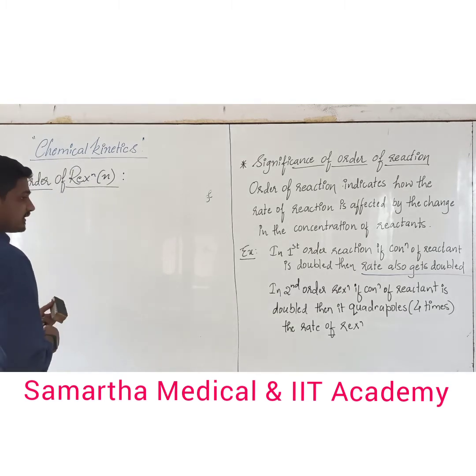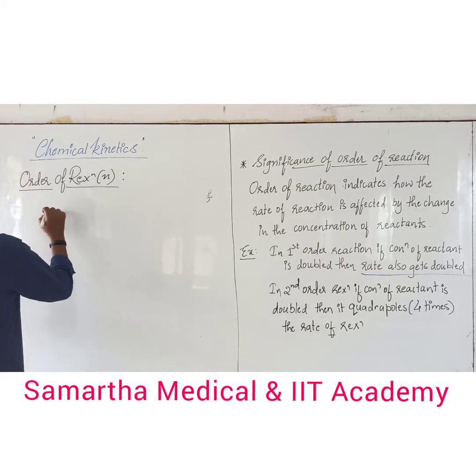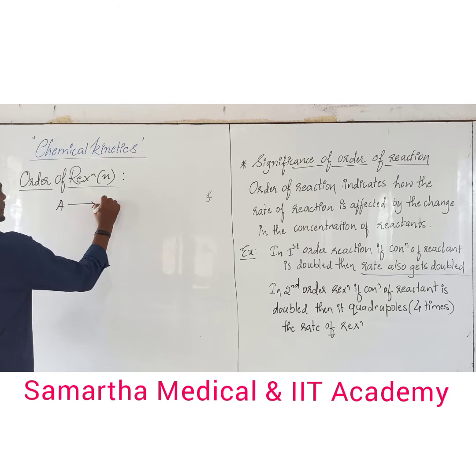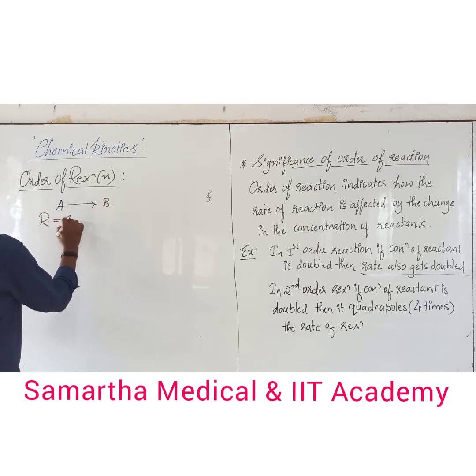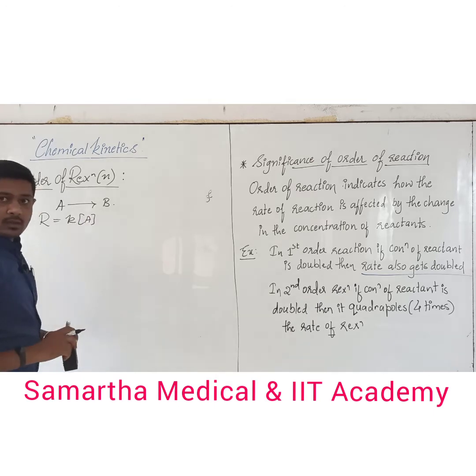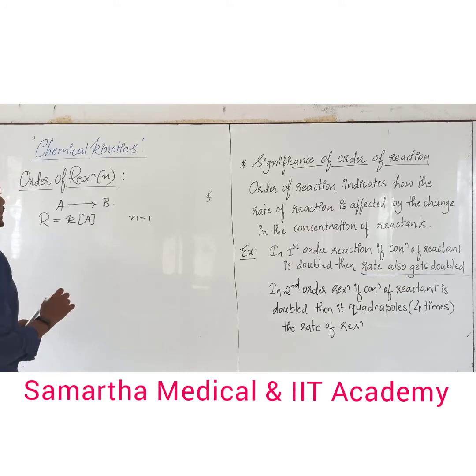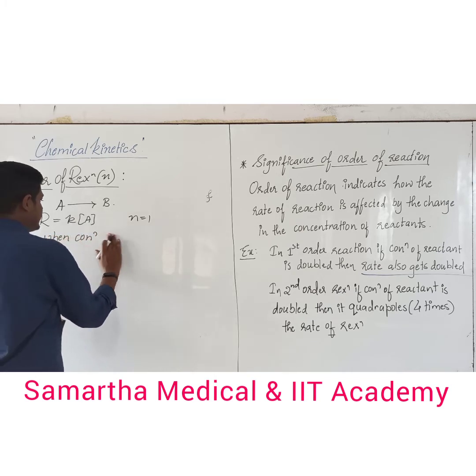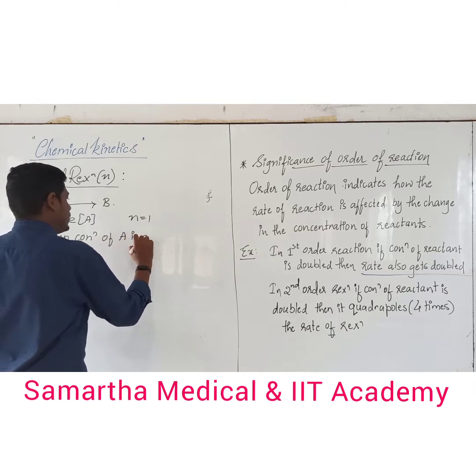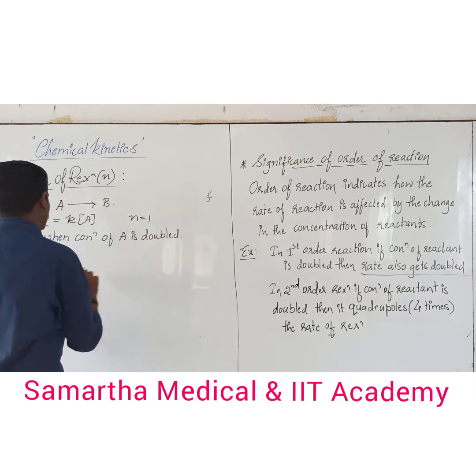See, for a first order reaction, for example, A is giving me product B, then I can give the rate as K into the concentration of A, isn't it? So here n is equal to 1. The order of the reaction is 1 now. If I double the concentration of A, then how do we write the rate equation?